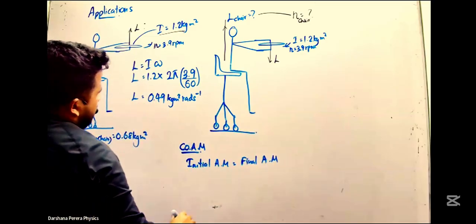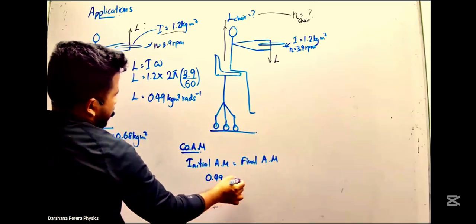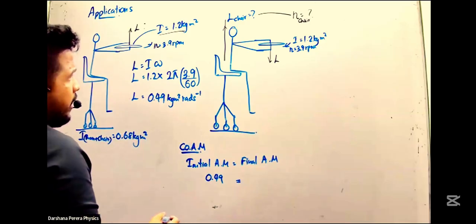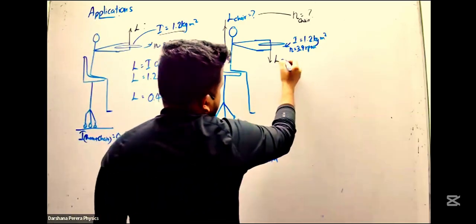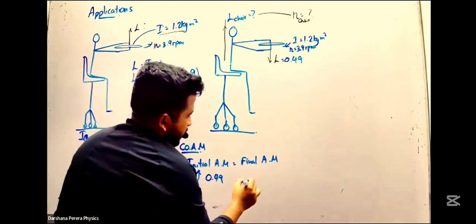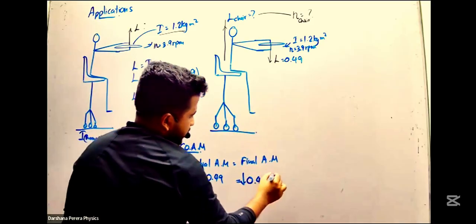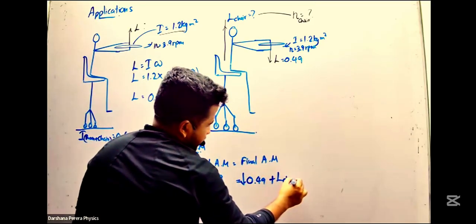Initial one is 0.49 upwards. Final one is 0.49 acting downwards plus L chair.